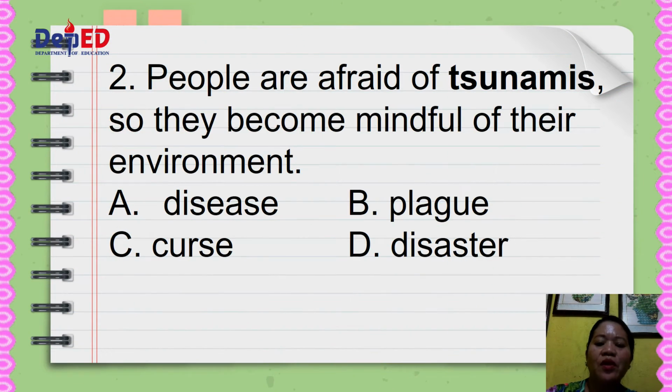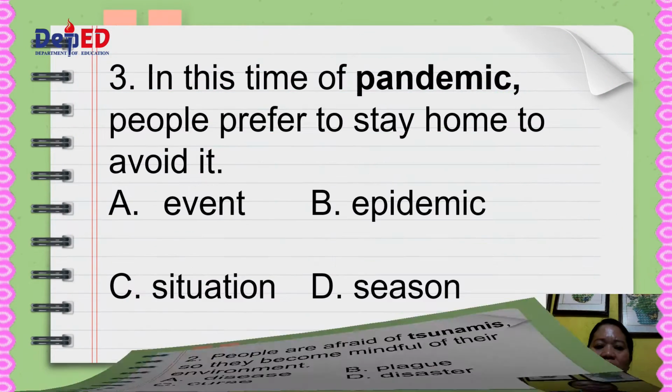2. People are afraid of tsunamis, so they become mindful of their environment. A. Disease. B. Plague. C. Curse. Or D. Disaster. Write your answer. 3.